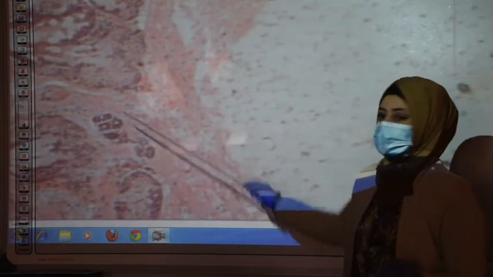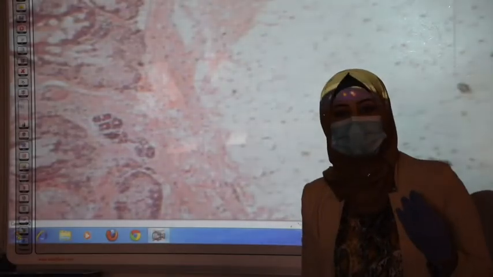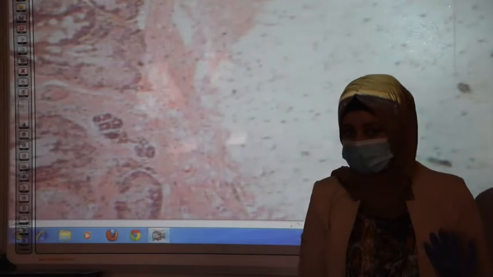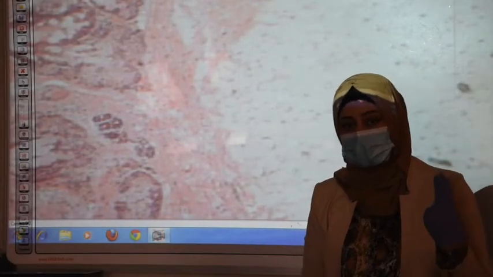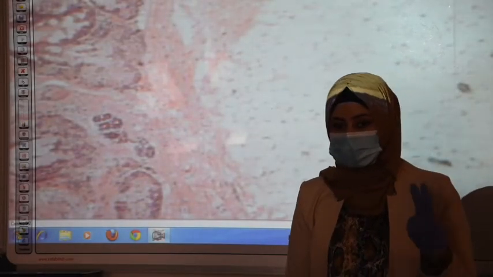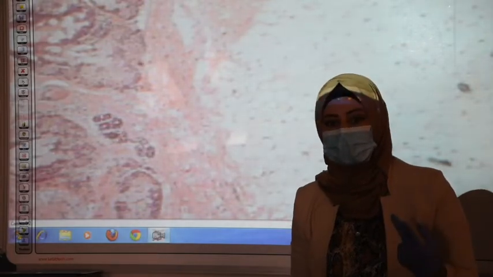The secretory portions are lined by simple cuboidal to low columnar epithelium, consisting of two types of cells. These two types of cells are clear cells and dark cells.